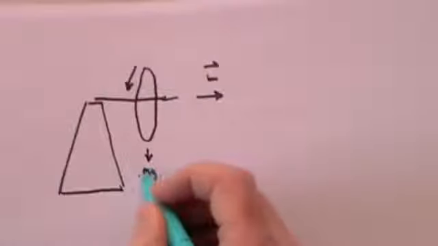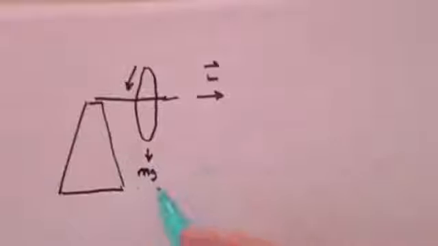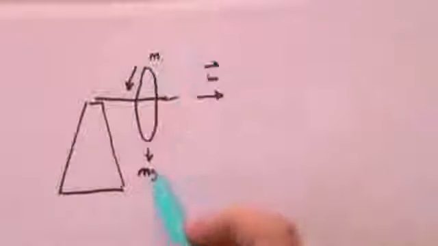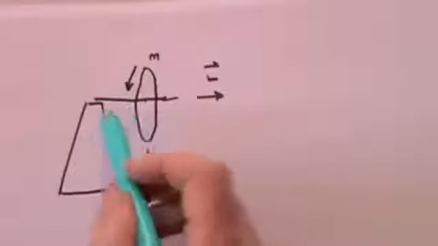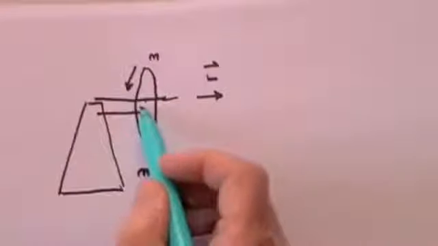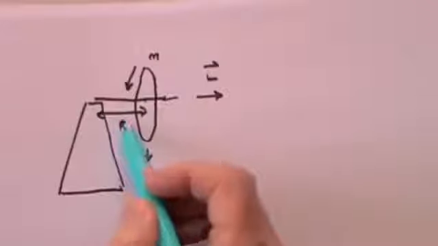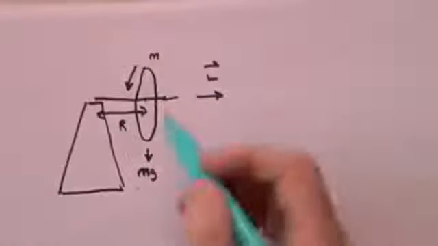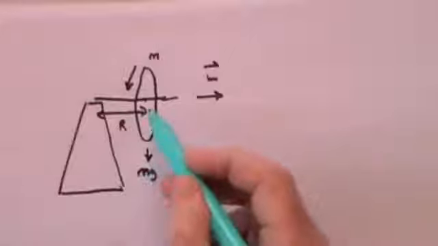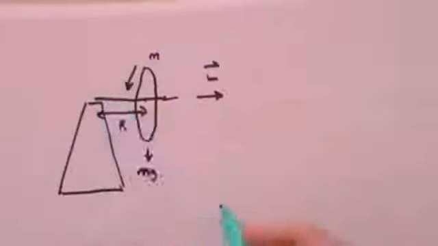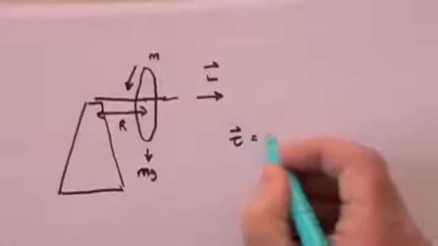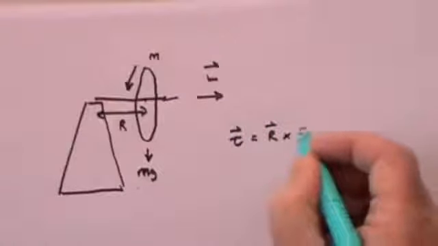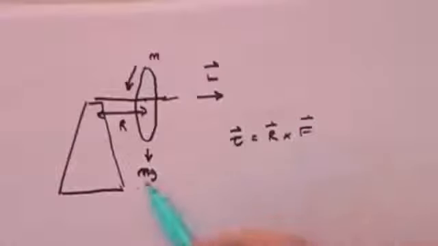If the mass of the wheel is m, then there will be a force mg acting down, and that force will act at this distance, which we'll call r. And so you've got a torque. This is a torque, a force times a distance from the pivot point. And that torque will be R cross F, where F is the gravitational force mg.